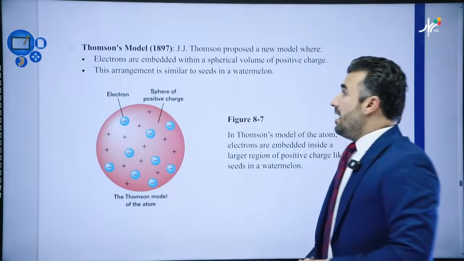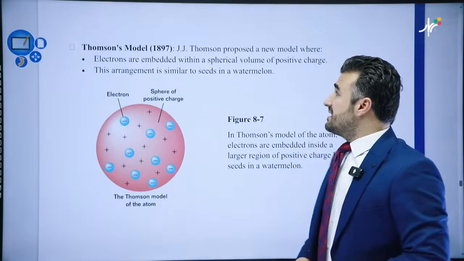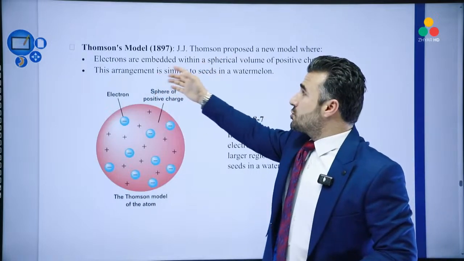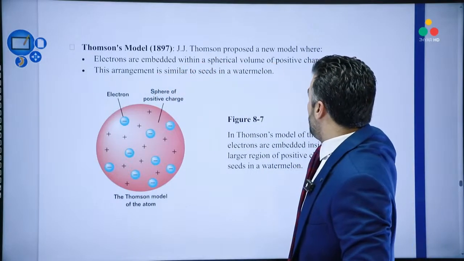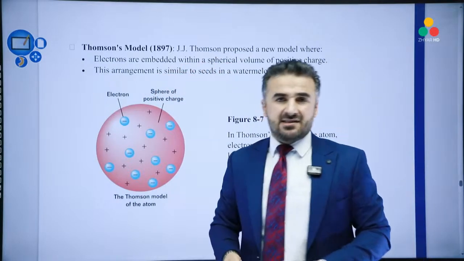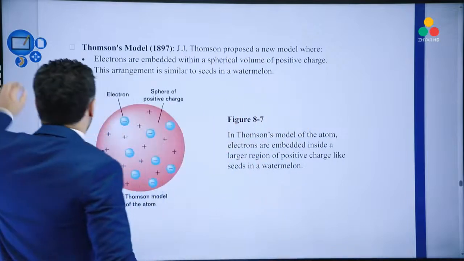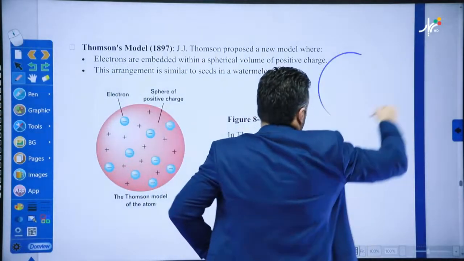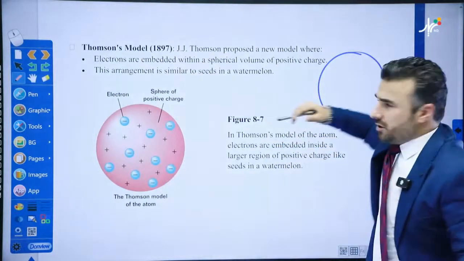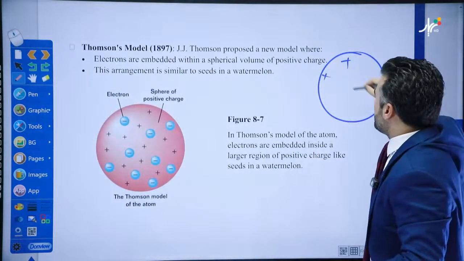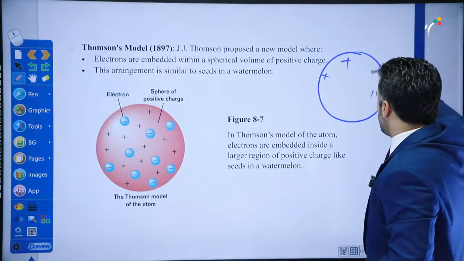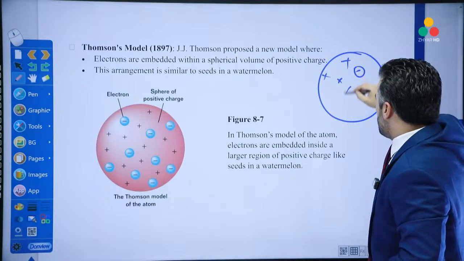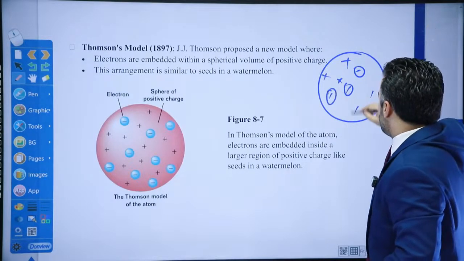In 1897, Thomson proposed a new model where electrons are embedded within a spherical volume of positive charge. He said that atoms are like a sphere that is entirely positive, and the electrons are embedded, almost stuck, into the sphere.